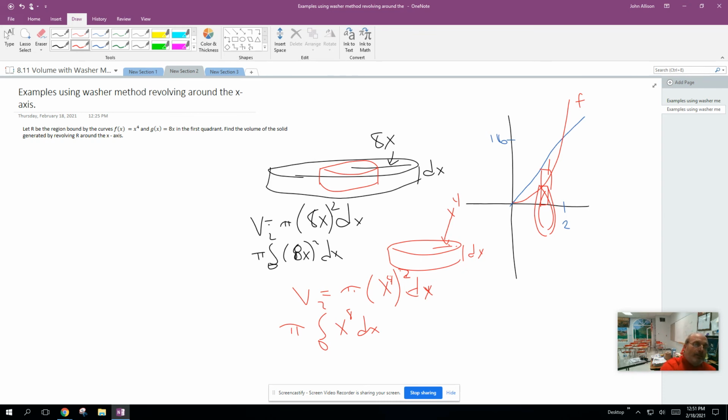So now to get the volume of the region revolved around the x-axis, I do pi times the integral of 0 to 2 of 8x squared, the large region, dx, minus pi times the integral from 0 to 2 of the smaller region, x to the 8th dx.